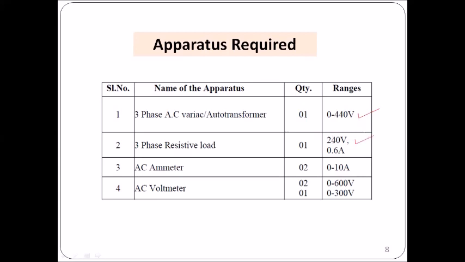This three-phase resistive load is of 400 volts, 10 amperes. We also require an ammeter of range 10 ampere and voltmeters of 600 volts and 300 volts.